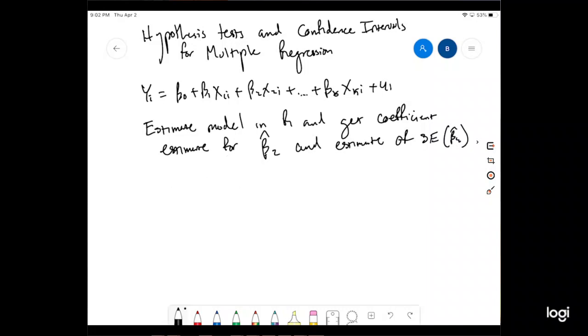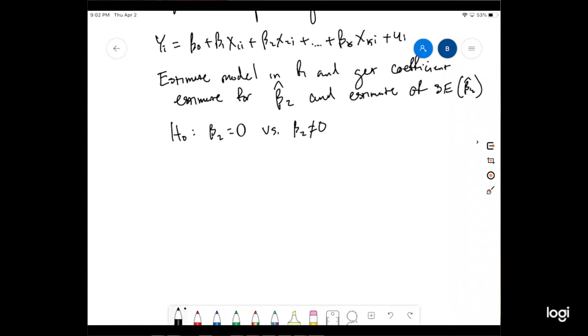Let's say our null hypothesis is that beta 2 is equal to 0, versus an alternative hypothesis that beta 2 does not equal 0. Cool. So that's our hypothesis. We're going to specify some tests that will allow us to reject or fail to reject this null hypothesis.